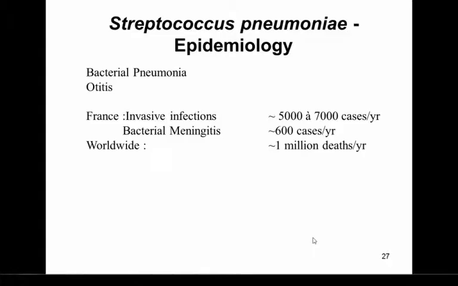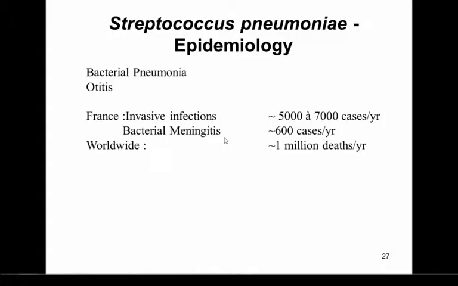Okay, as its name indicates, it's responsible for bacterial pneumonia. It can often give otitis in children, and can be very, very serious because it can cause meningitis. So this is a bacterium that can cause invasive infections.